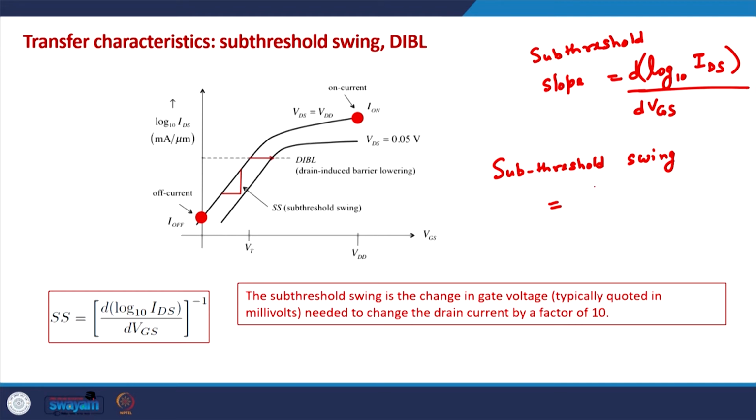This is defined as d of log IDS divided by dVGS, inverse.